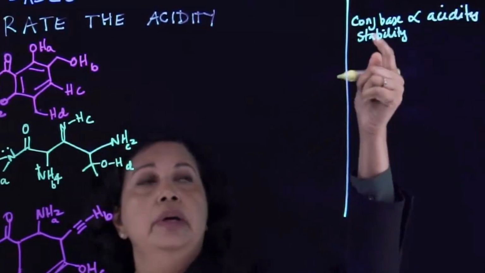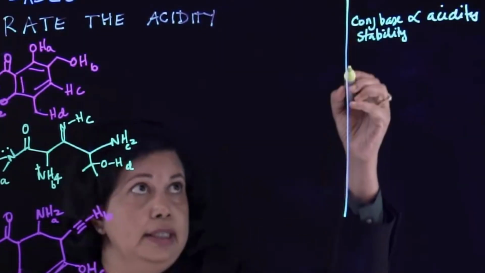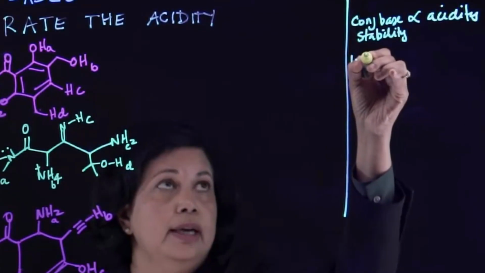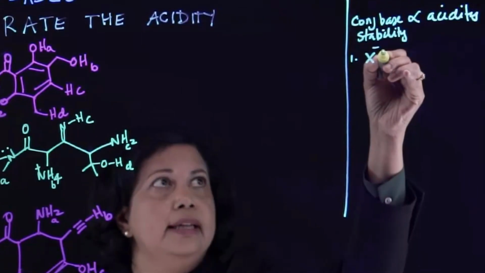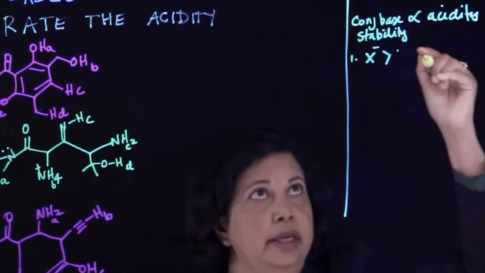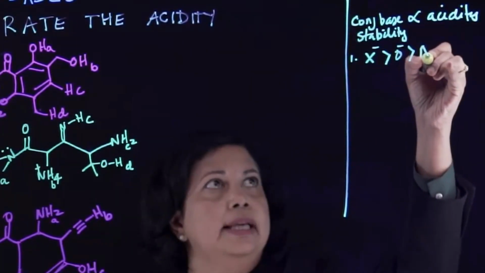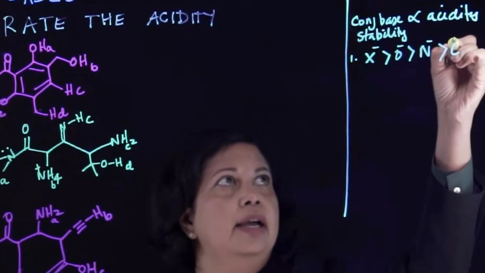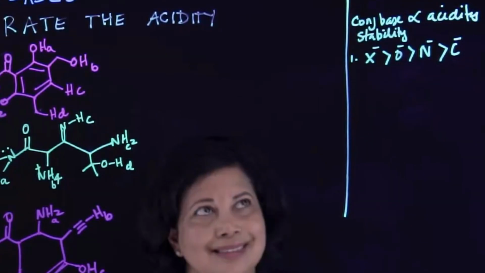So therefore, what determines the stability of the conjugate base? One is element effect, which means if you have a group 7 anion, that's more electronegative and more stable than going down along a period. Group 7, group 6, yes, better than group 5, and this would be the least stable anion.